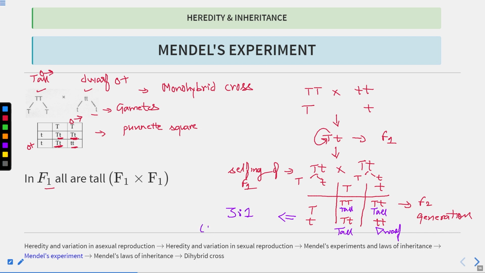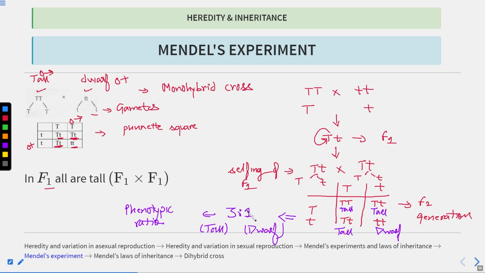So 3 are tall and 1 is dwarf. Clear? And this is the phenotypic ratio. 3 are tall and 1 is dwarf. Clear?